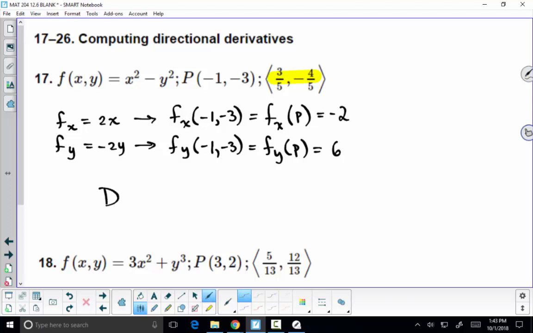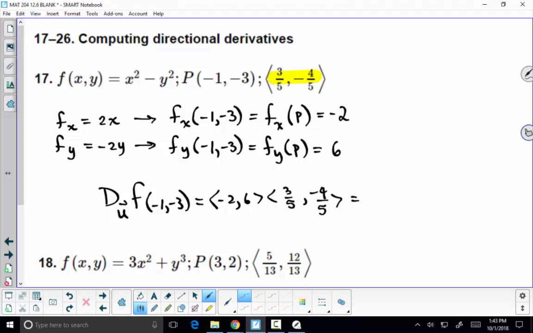So the derivative of f in the u direction at p, or at -1, -3, it's going to be the dot product, -2 comma 6, dotted with 3 over 5 comma -4 over 5.